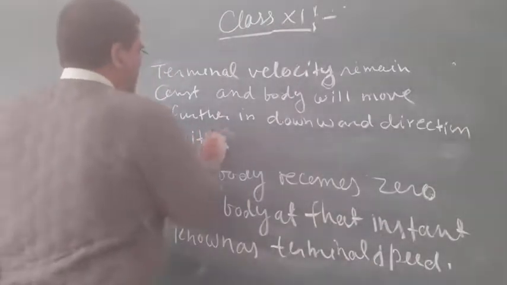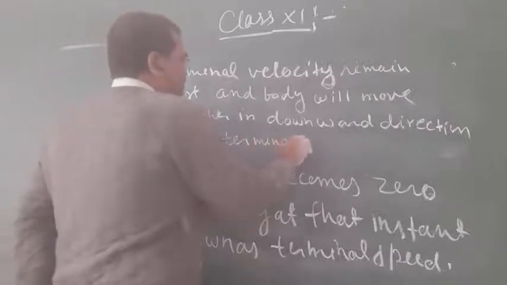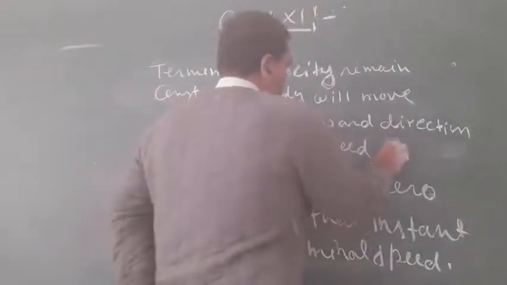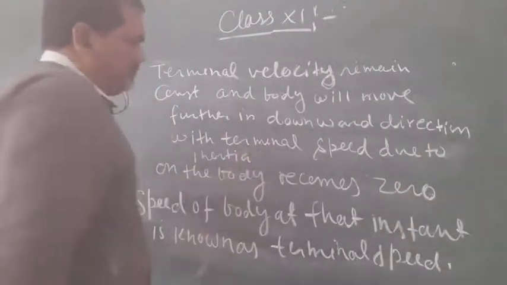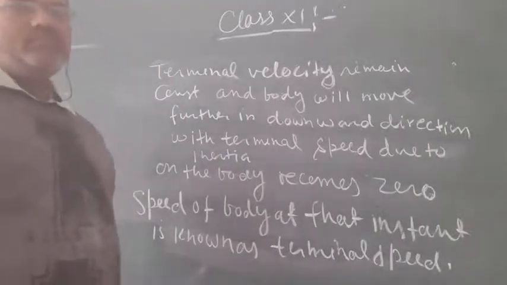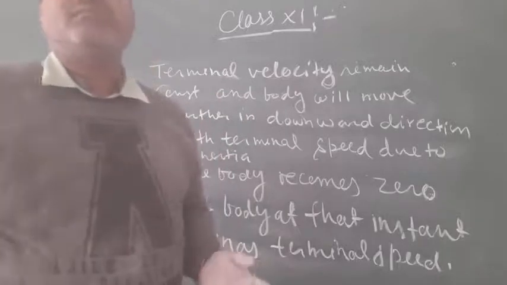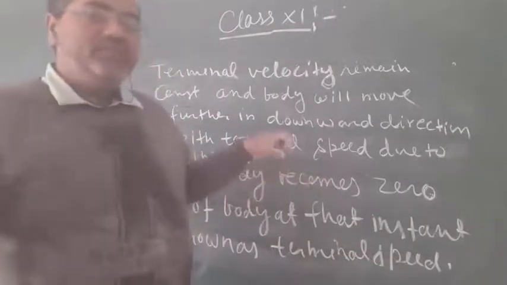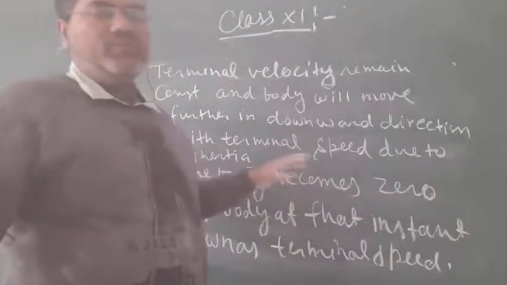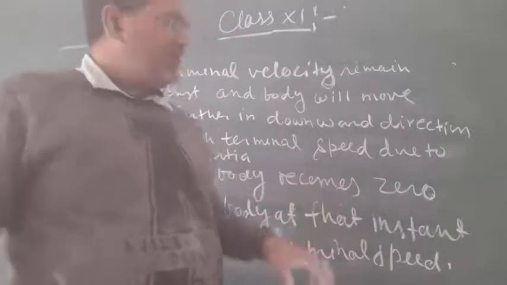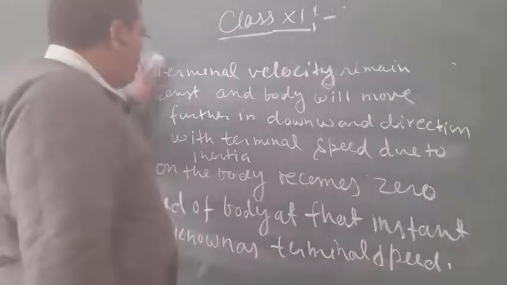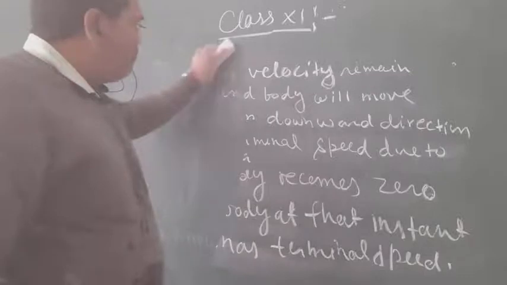So a simple way to say it: when the net force on the body becomes zero, at that instant the speed of the body is considered as terminal speed, and that speed will continue further in the downward direction because, due to inertia, the state of the body does not change. So I derive the expression for terminal speed.